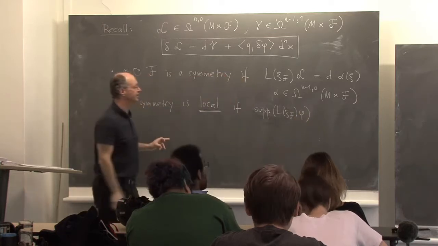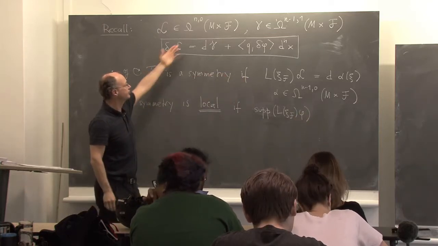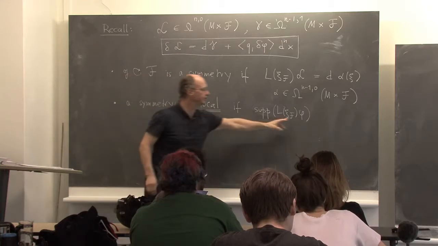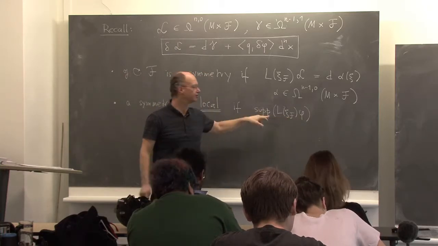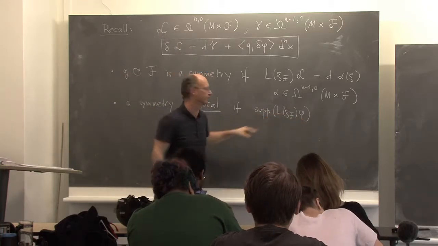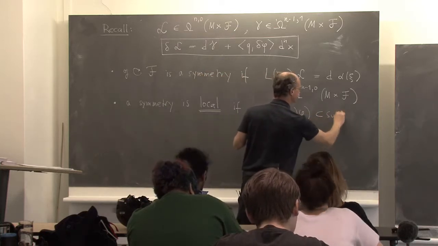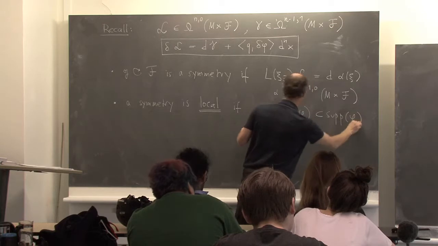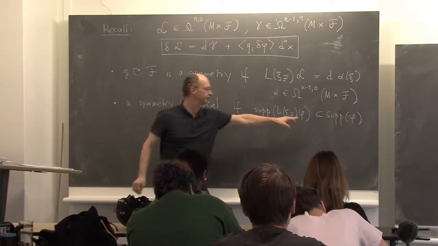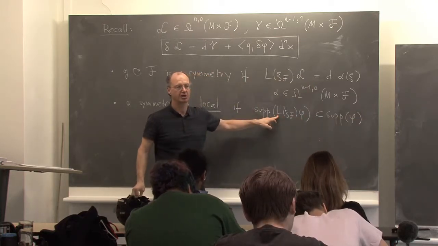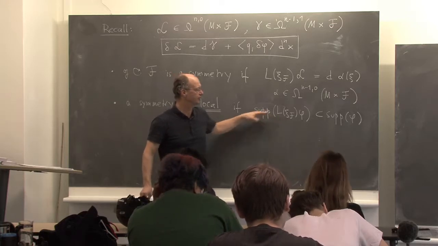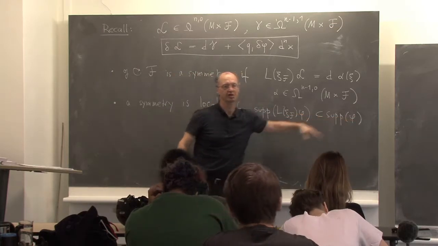of a field φ. A field φ is a map from M to some vector space V, and it may have some support where it is non-zero. We want the support of the field on which we act by our vector field to be contained in the support of φ.